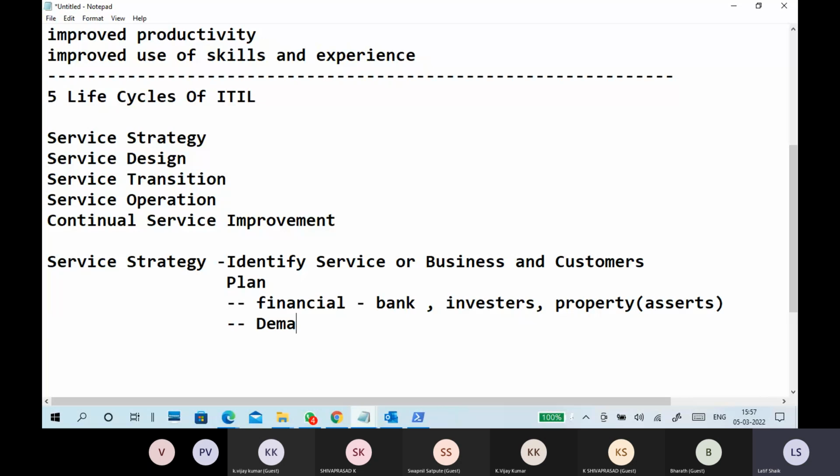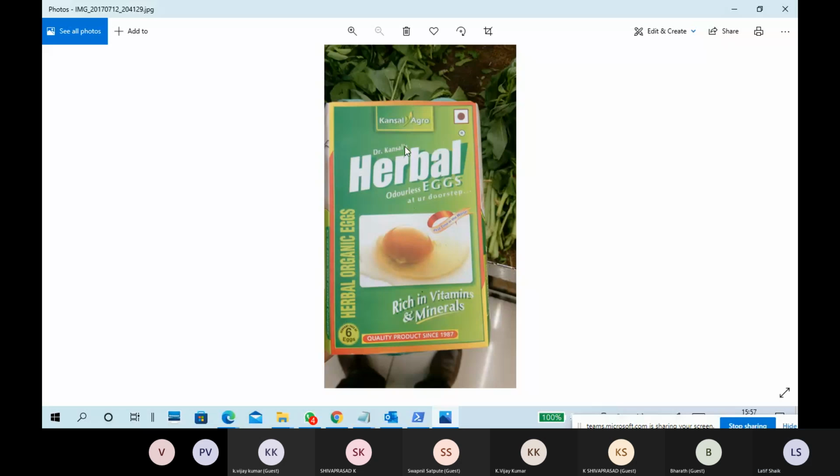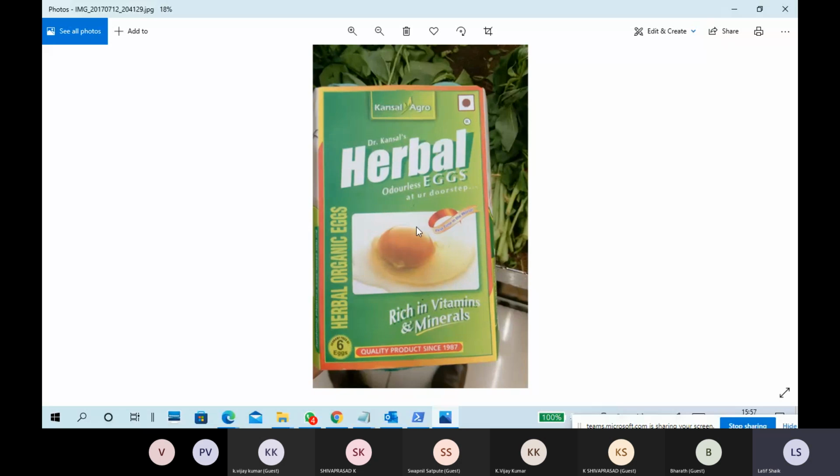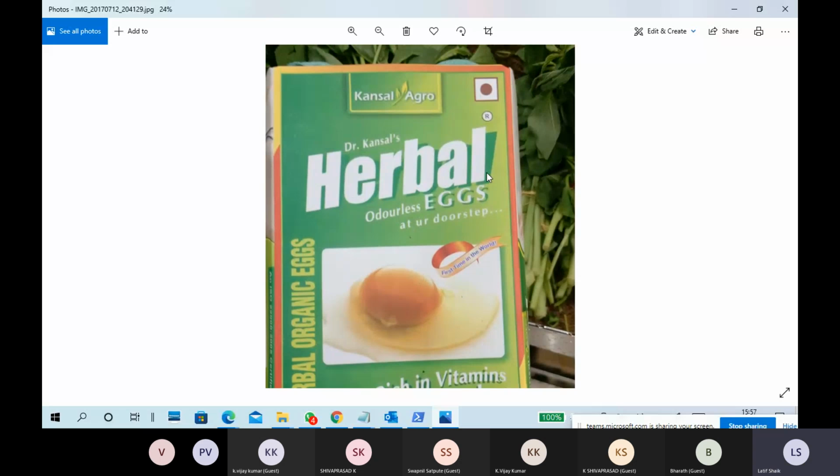Next is demand. Without a demand, you don't do the business, right? So what is demand? I think I already showed this picture, this is the demand in the market for every product. Like this, very simple. It is a simple egg, but the guy is selling a herbal egg.